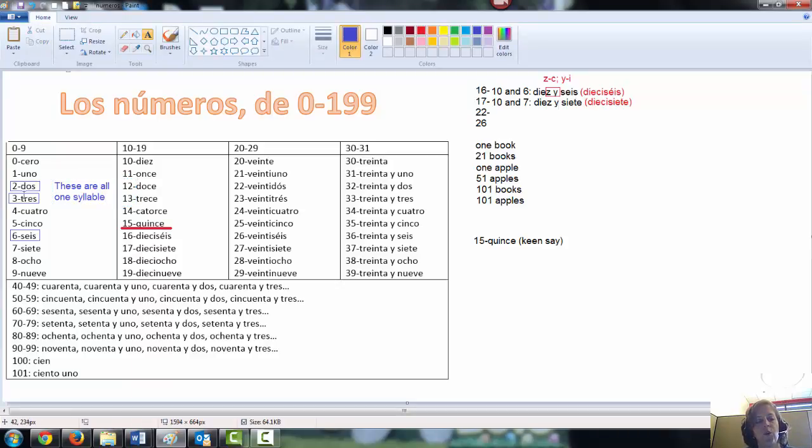If you're making a compound number, when you're taking 2 numbers and mushing them together to make one word, if the second number that you're mushing together is a one-syllable word, when you write the mush together form, you're going to need to add in an accent mark. And so the only one that gets accented in the teens up to the 20s is 16.